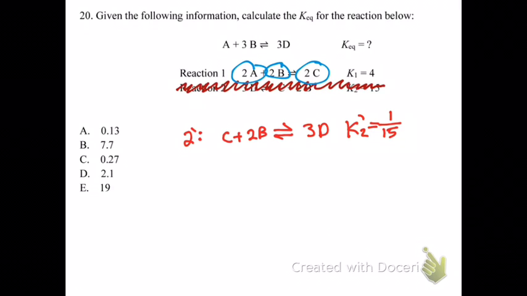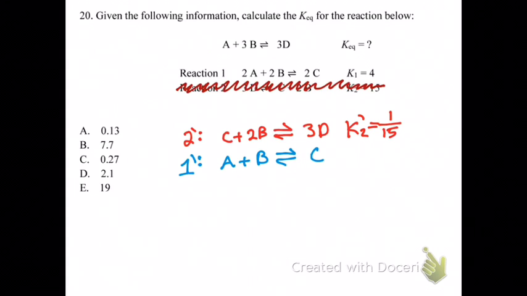Well, there's a problem here because in our overall reaction, we only want 1 mole of A. So what I'm going to do to help make this match up is I'm going to cut all the coefficients in half. So I'm going to call this reaction 1 prime, and all we're going to do is cut everything here by 1/2. So it's just going to be A plus B yields C.